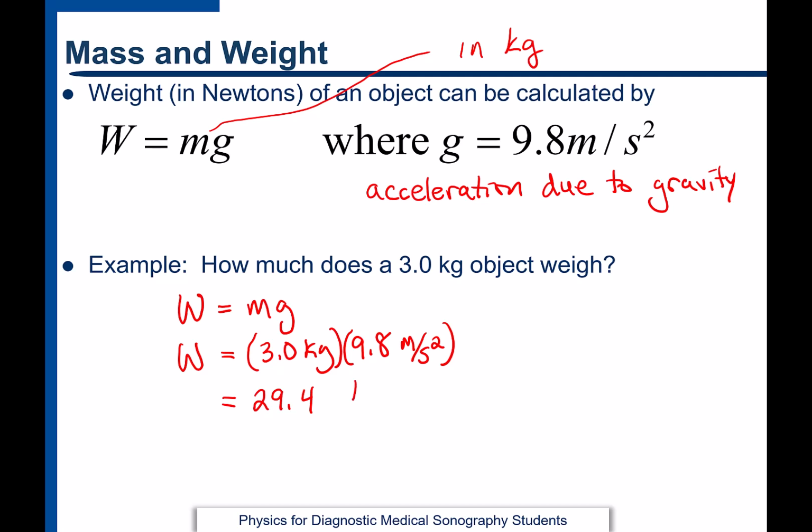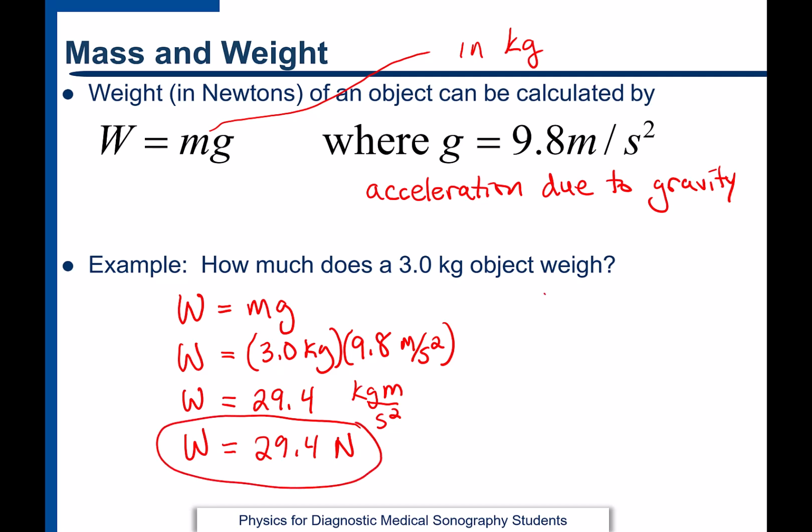They would be kilogram meters per second squared. But I've been telling you that force, or weight, is measured in newtons. And so in fact, we now know the definition of a newton. 1 newton is simply 1 kilogram meter per second squared.